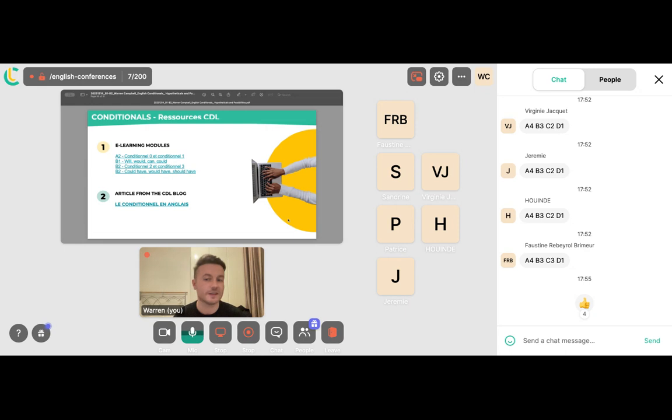So you can see things like the zero conditional, the first conditional, the use of will, would, can, and could. We also have exercises on the second conditional and the third. And the other thing you can take a look at is the use of could have, would have, and should have. We have an article available online as well regarding conditionals.